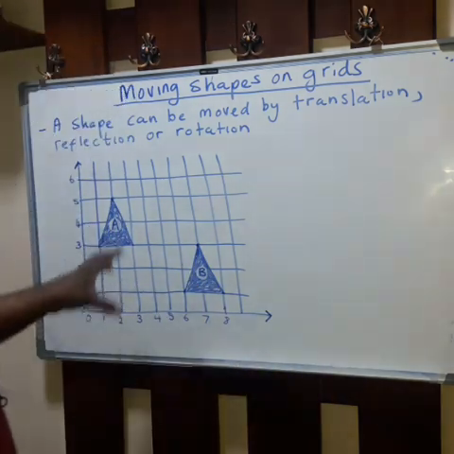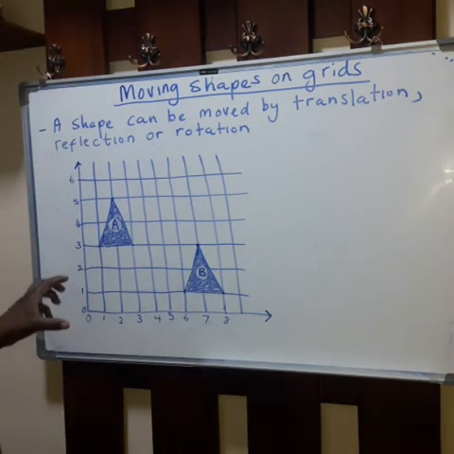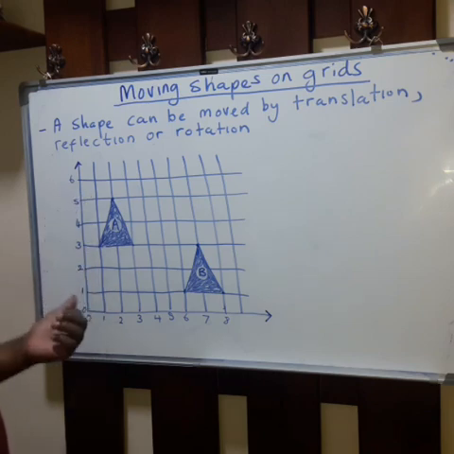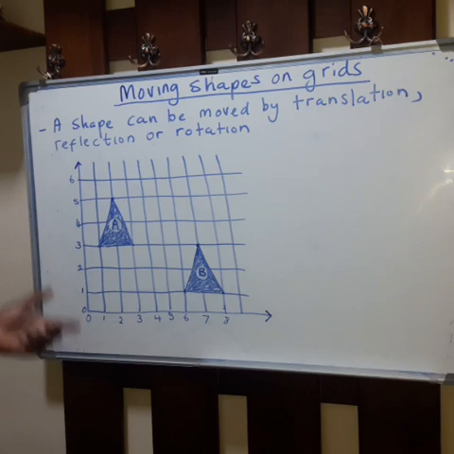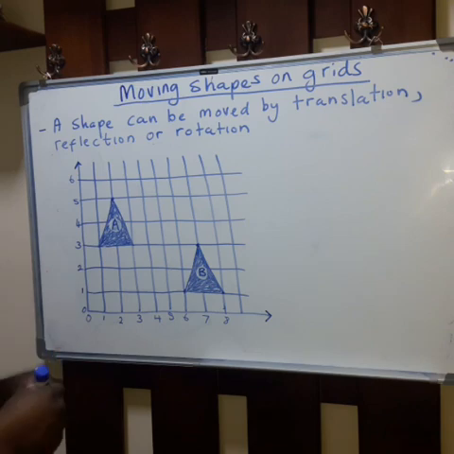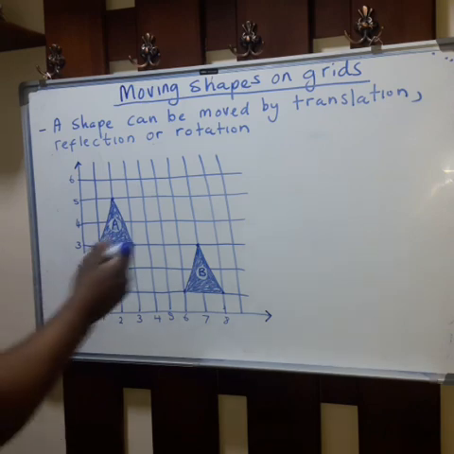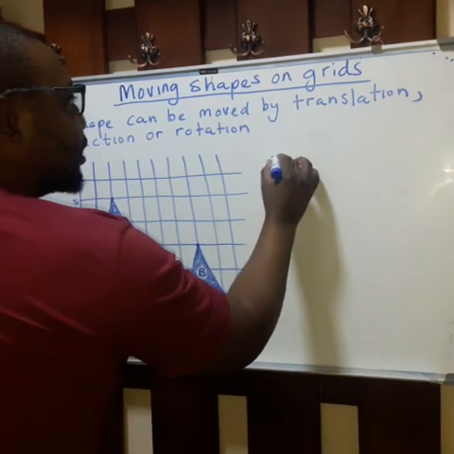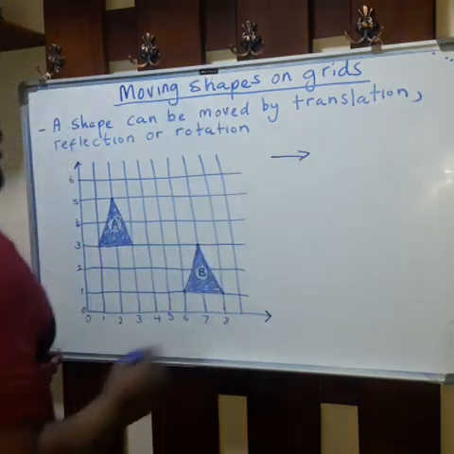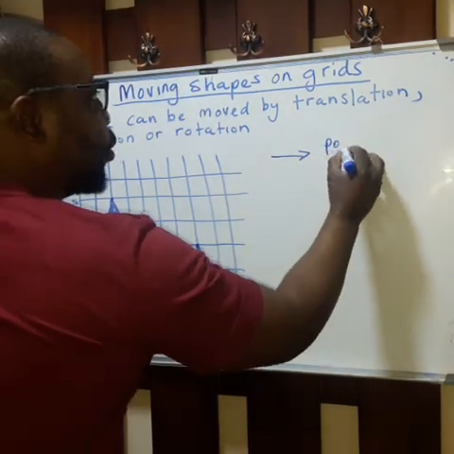So in front of me I have got a shape. Shape A has undergone what is called translation. Translation involves moving horizontally and vertically. So if it moves to the right, this is positive, horizontally.